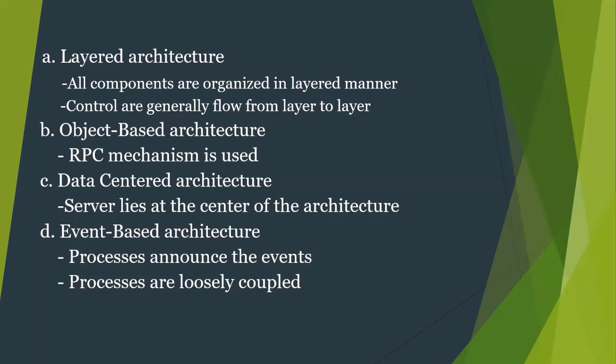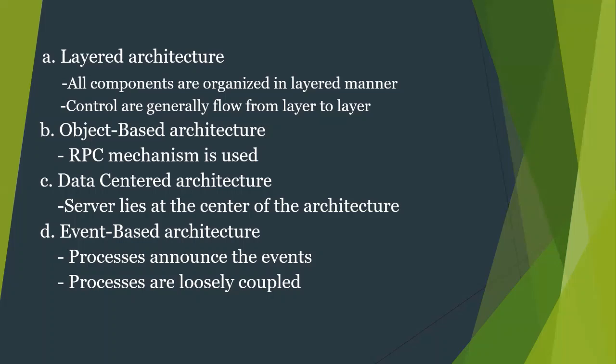Next, the last one, that is event-based architecture. In event-based architecture, processes communicate or connect through the transmission of events, which also carry the data or information. The fundamental idea is that a process announces the events.